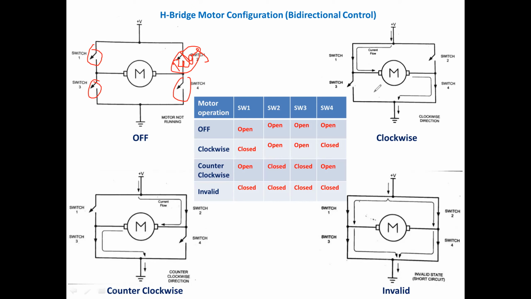Let us see the forward direction: if switch 2 is open and switch 3 is open, then the flow of current will be in this direction, so the motor will rotate in clockwise direction.